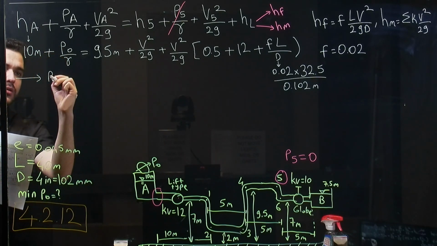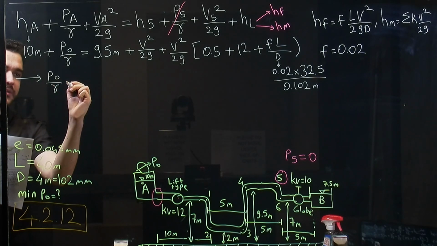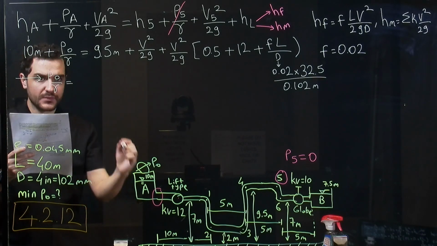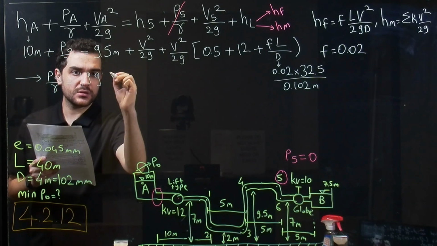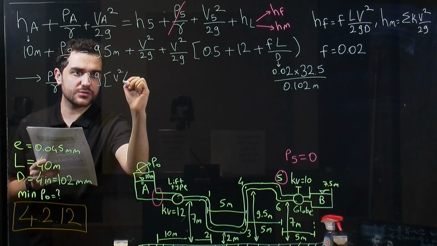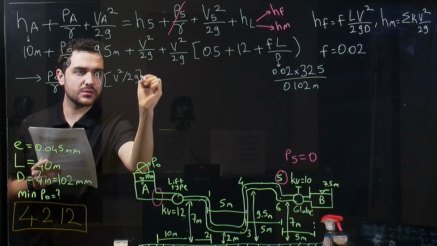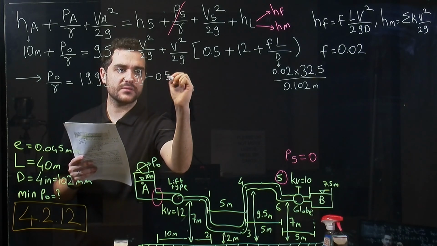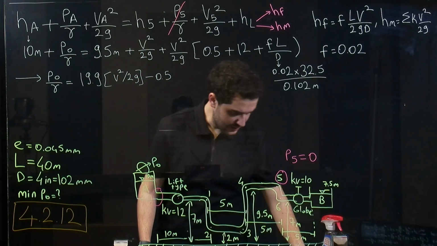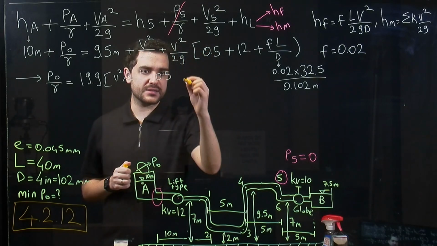So PO over gamma will be equal 19.9 V square over 2G minus 0.5. So let's make this equation 1.